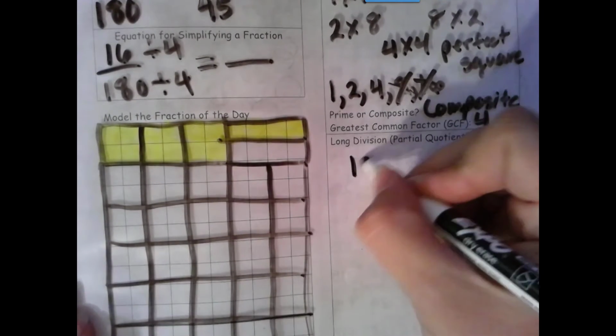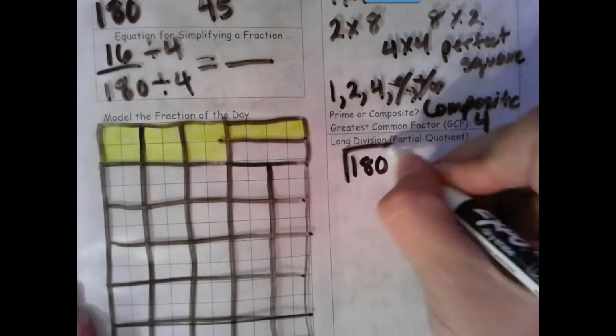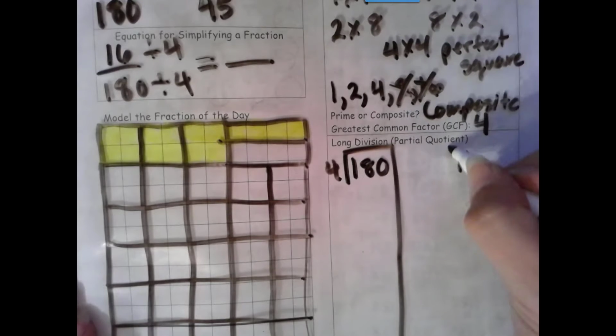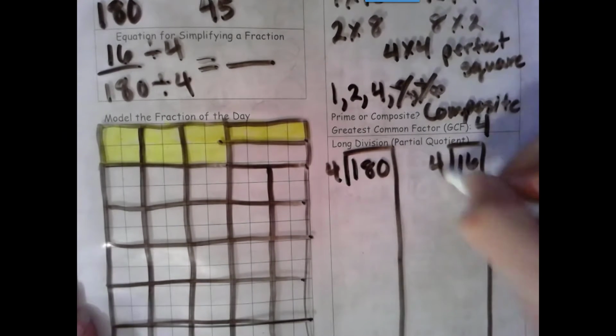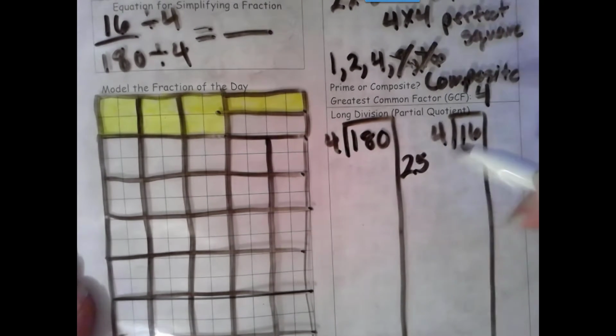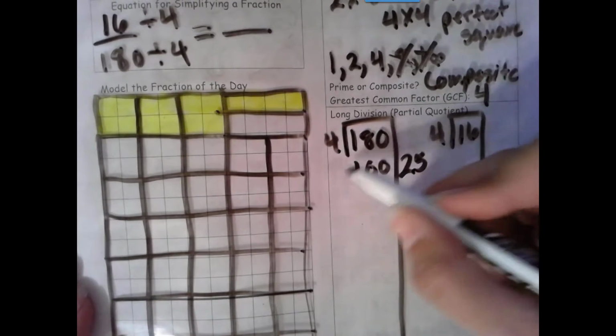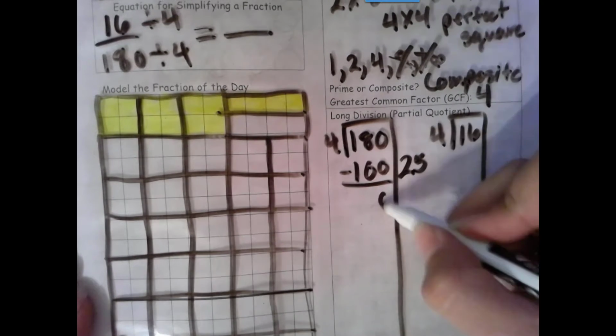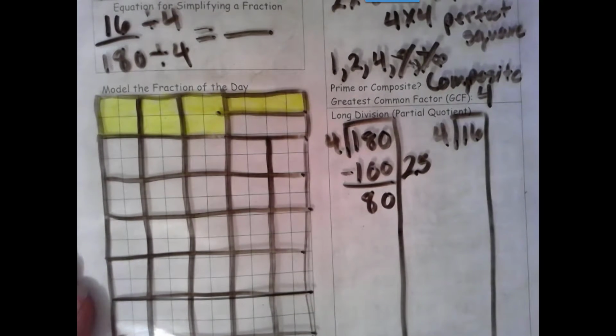Okay, so 180 divided by 4, and 16 divided by 4. I know 4 quarters makes $1, so 4 times 25 gives me 100. Numbers the same, zeros a game, more on top, no need to stop.